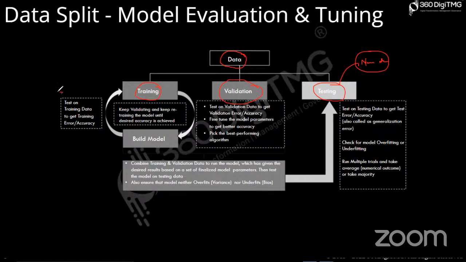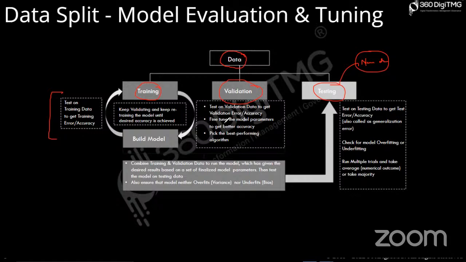We are going to test on training data to get the training error. In the same way, we keep validating and retraining the model until the desired accuracy is achieved. How are we going to do this? We may change the model, or we may do hyperparameter tuning.